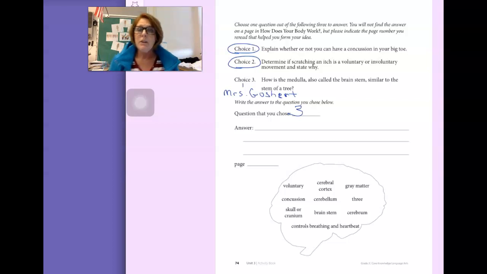So when I think about a tree, the stem is kind of the base of a tree and supports everything else.